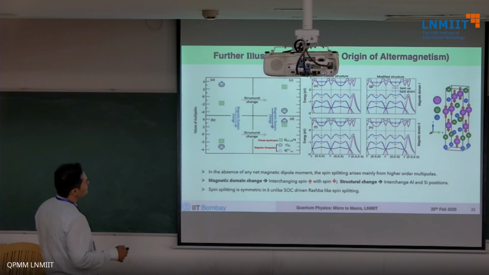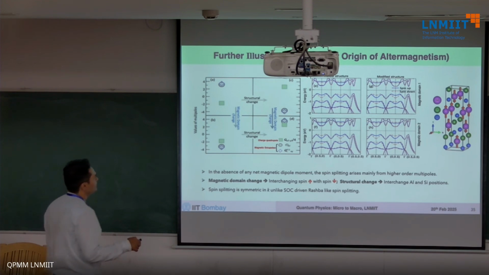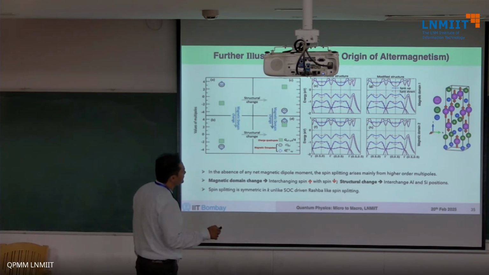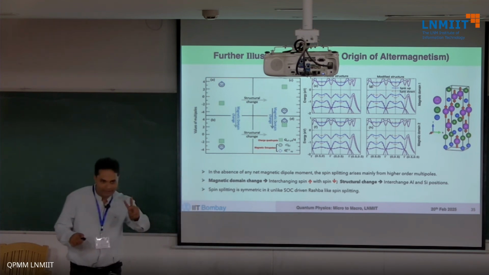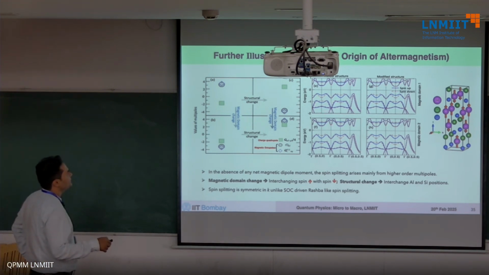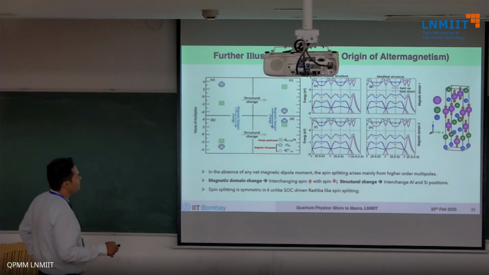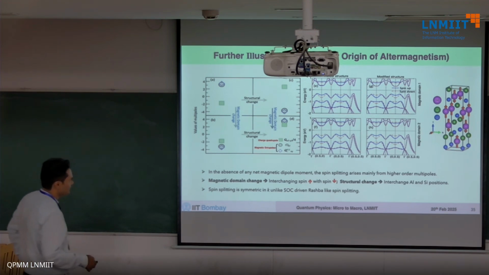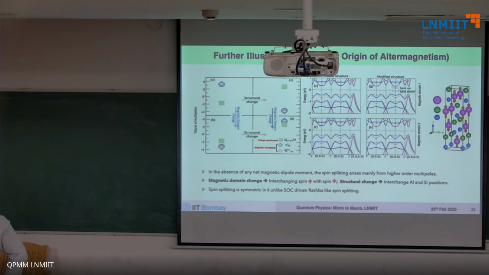And how it affects the band structure, you can see that if I go from here to here, which is the corresponding band structure, the spin up becomes down and spin down becomes up. So by changing this environment or by changing the spin orientation, I can actually manipulate the spin energy position. And finally, if I do both magnetic as well as structural change, I get back to the original one.